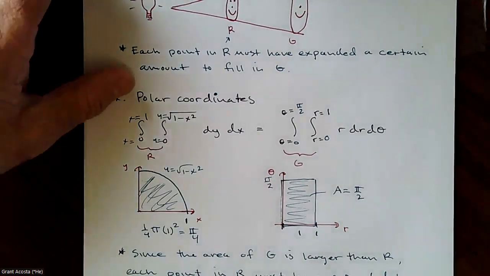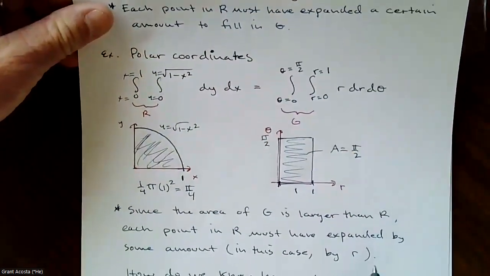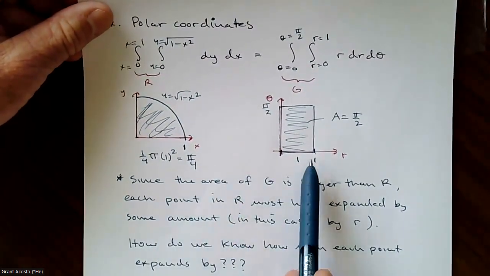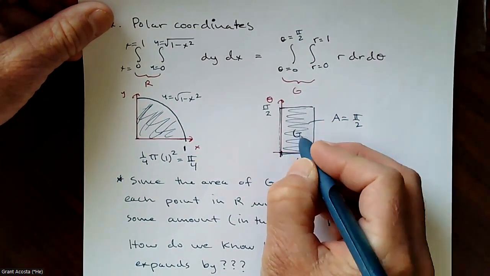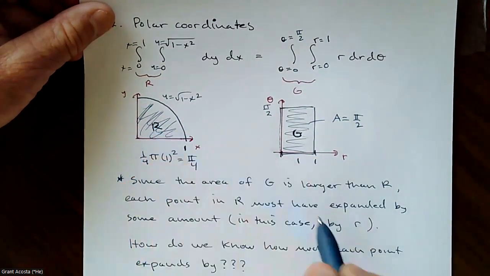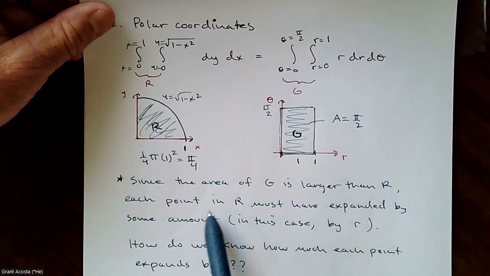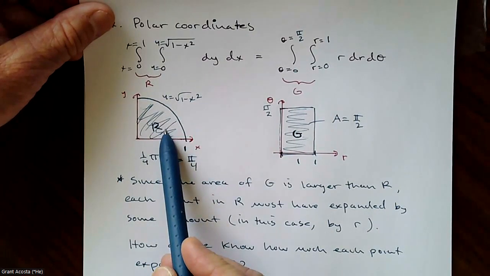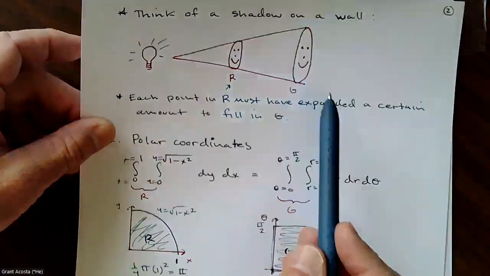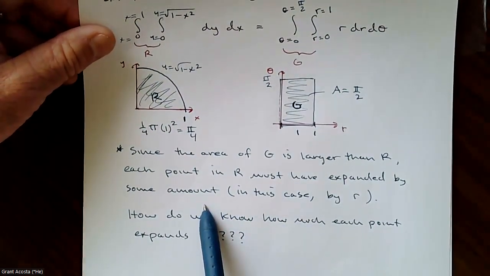But we know the values of these integrals should be the same, right? So one way to think about this is that this is what we're going to call G, our new image of our area. This was R, the original region. Since the area of G is larger than R, kind of that same idea of the light bulb expanding the area, each point in R must have been expanded by the same amount.